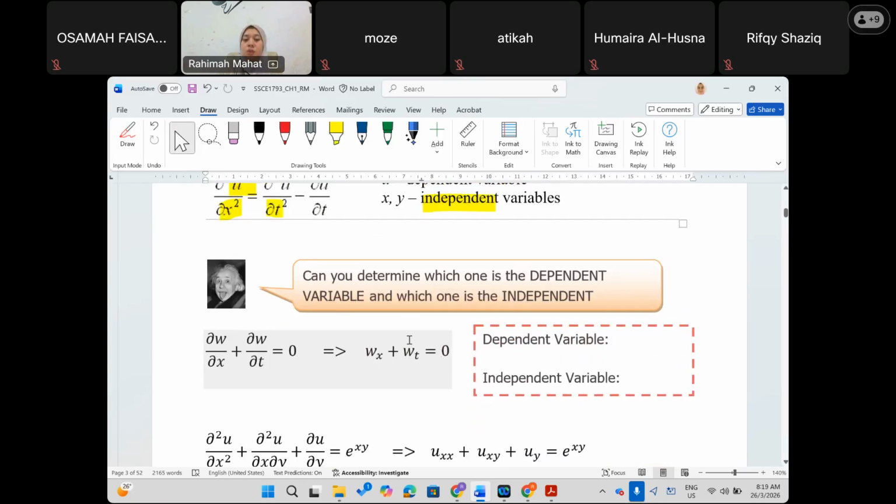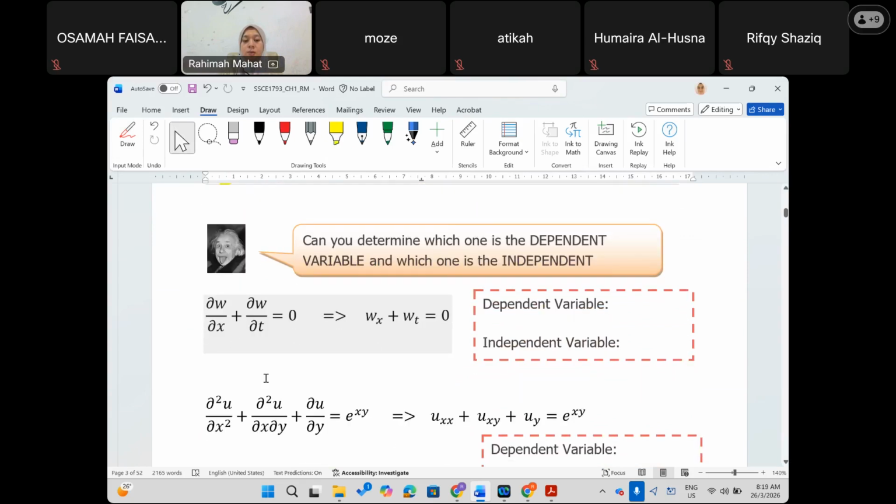From here, you can also determine which one is dependent and which one is independent. From this example, which is dependent and which is independent? Hopefully you can differentiate between dependent and independent.